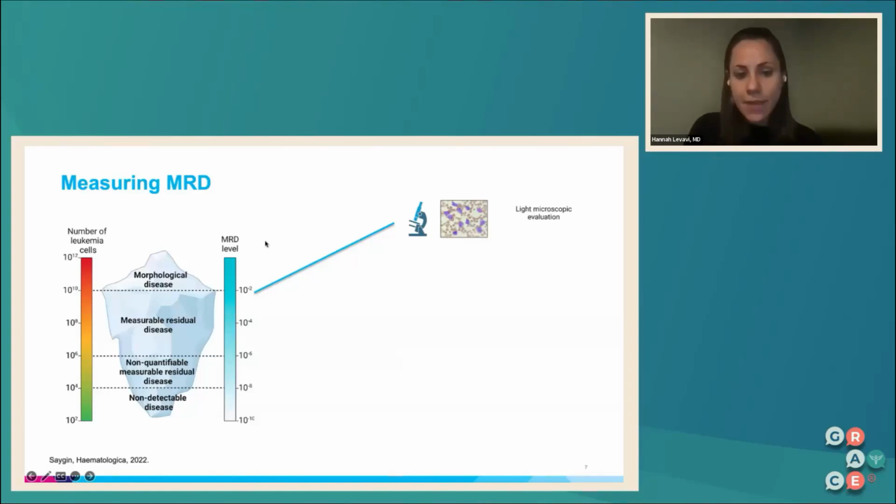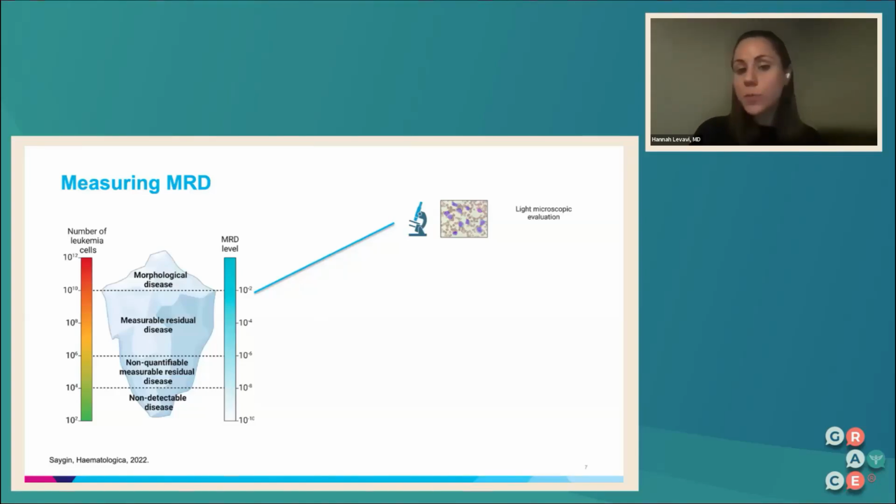In leukemia, for example, and I'll rely a lot on leukemia as a kind of case study for MRD since it is my area of specialty, we call a remission any time in which a patient has less than 5% of their bone marrow or blood with leukemia.